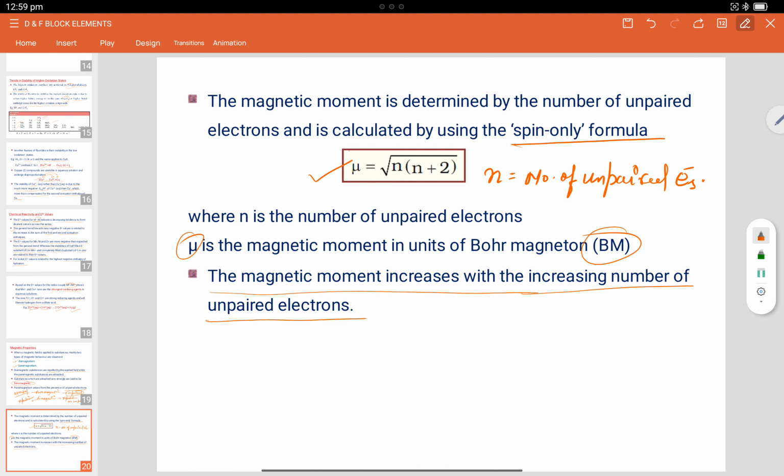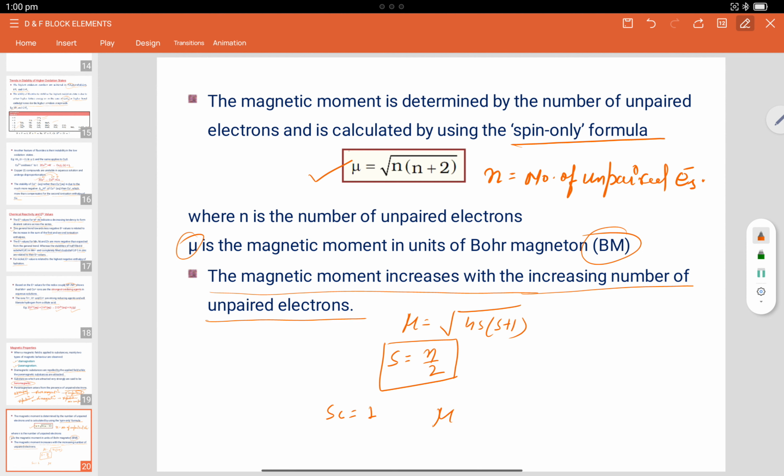One more formula I am telling you. Mu is equal to under root 4s into s plus 1, where s is equal to n by 2. So scandium, how many unpaired electrons? 1.